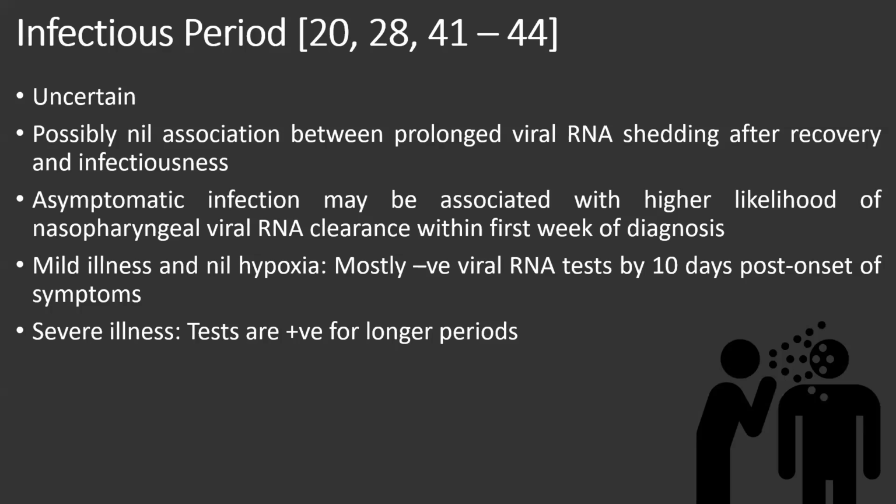So in one study, asymptomatic infection was associated with a higher probability of nasopharyngeal viral RNA clearance within the first week of diagnosis compared to symptomatic infection. Yet in another study of 21 patients with mild illness and absence of hypoxia, 90% had repeated negative viral RNA tests on nasopharyngeal swabs by 10 days after the onset of symptoms, with tests being positive for longer durations in patients with more severe illnesses.